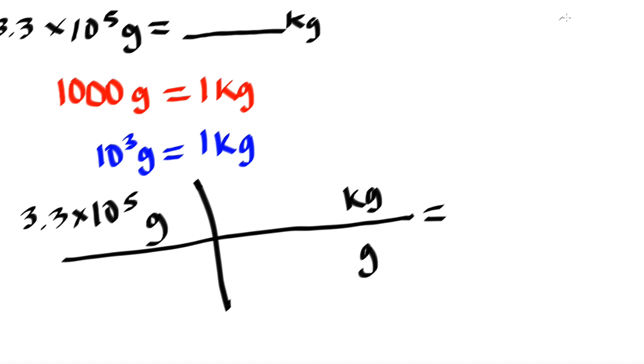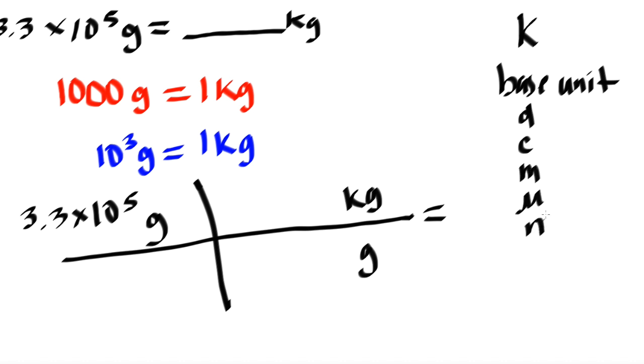Again, maybe I should go through, and I said before, we have kilo, you have base unit, and deci, centi, milli, micro, and nano, and we said 10 to the 3, and I said, so this will be in red, 10, oh, not 10 to the 2.